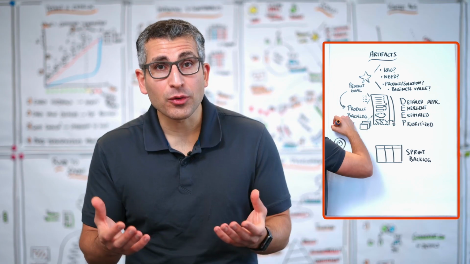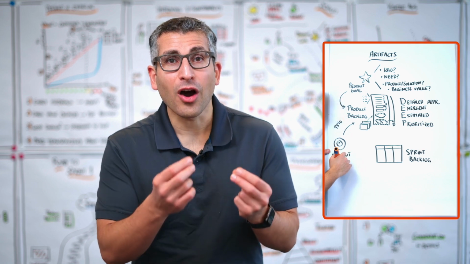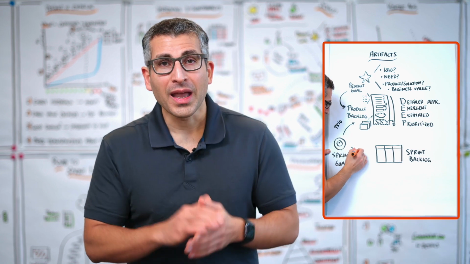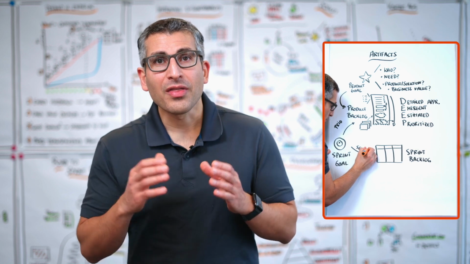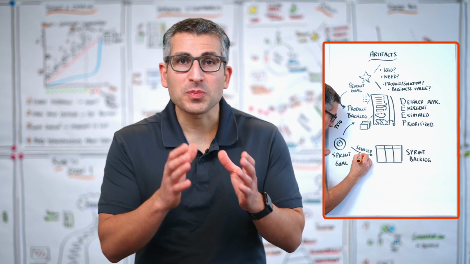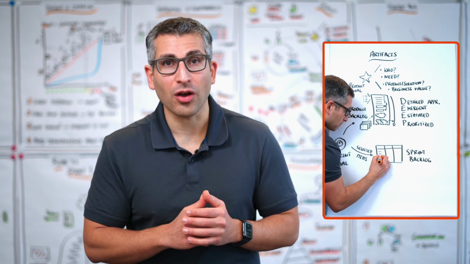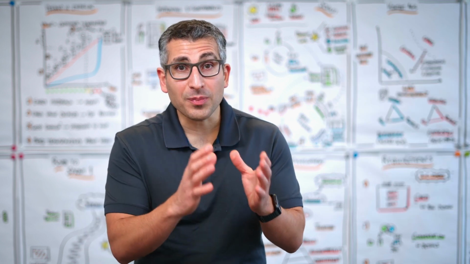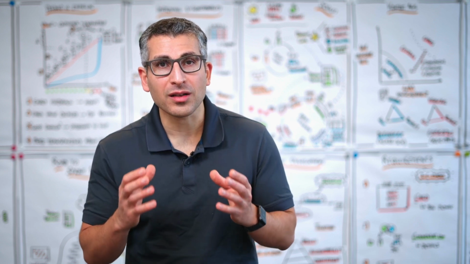That desired outcome is of course reflected in the prioritization of the product backlog. And based on that product backlog or that prioritization, the developers select a specific set of items into their next sprint backlog. So you see, the product backlog, the sprint goal, and the sprint backlog are all connected to each other.